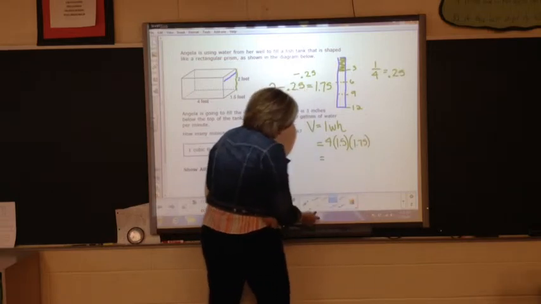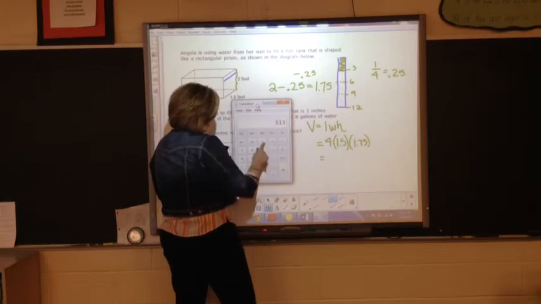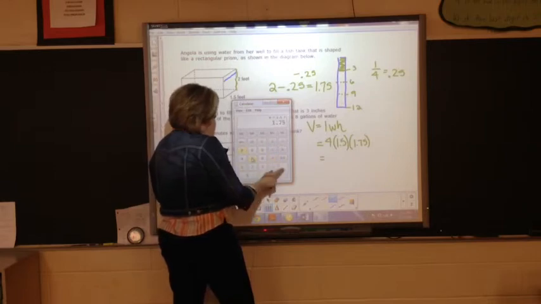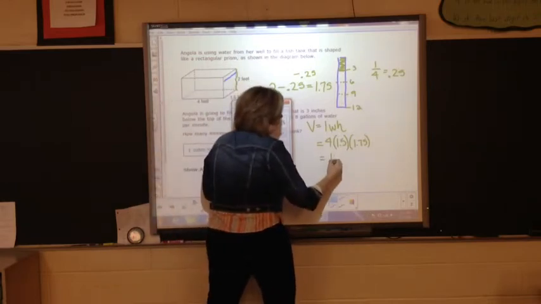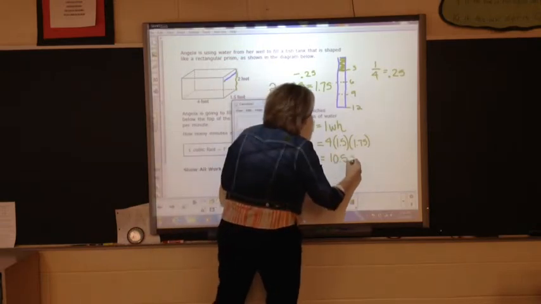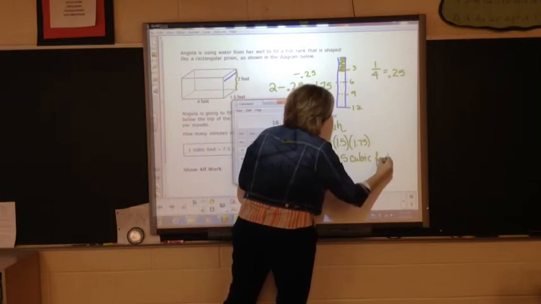So let's see what our volume is. I have 4 times 1.5 times 1.75. So the volume of my fish tank is 10.5 cubic feet.